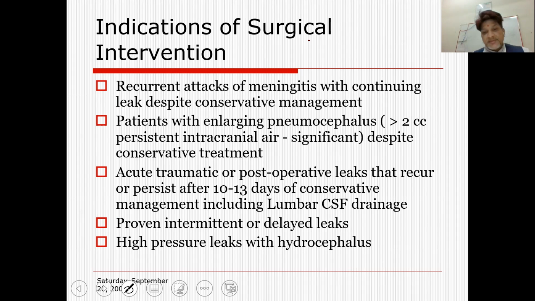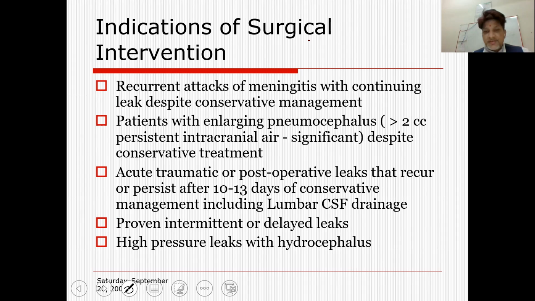But the endoscopic approach is a versatile approach, and almost all cases can be repaired by it, and a variety of techniques are used. In a nutshell, various kinds of fascia, including temporalis fascia, fascia lata, and other fibrous or sheet-like material, are used. Apart from that, cartilage buttressing, that is reinforcement with cartilage, is used.